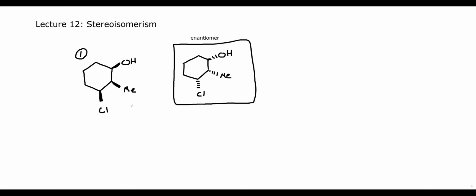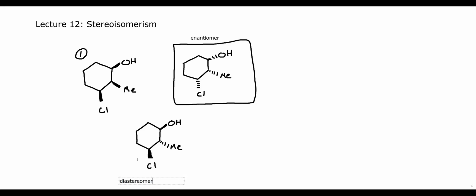Now, what if we only changed a few stereocenters? What if we did this? What if we left oxygen the same, changed this one to a hash, and then left chlorine the same? This would be what's called a diastereomer. A diastereomer.